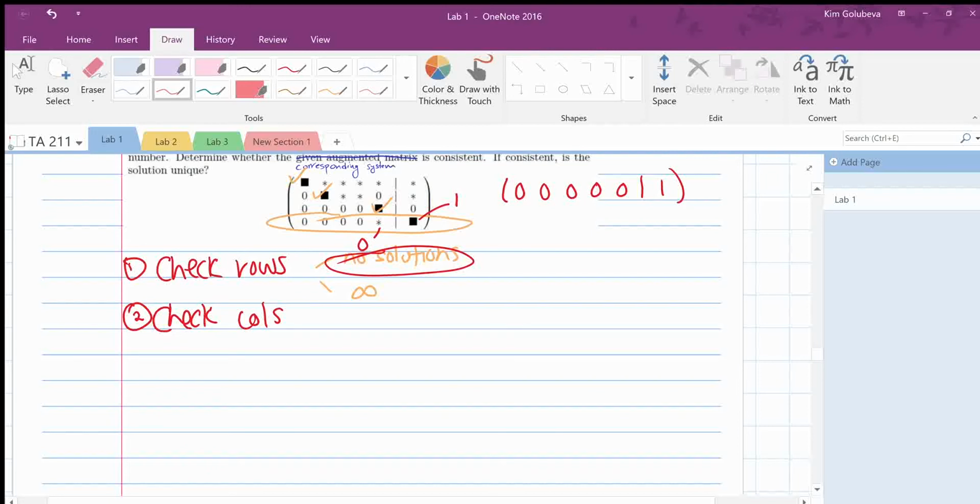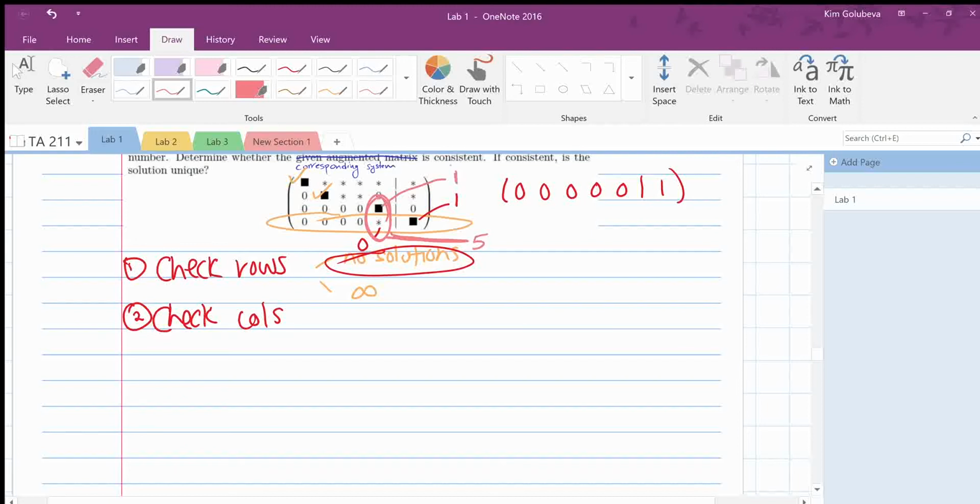So you can see that right above this one, this guy right here is a non-zero number. Let's say this one is 5 and this one is, I don't know, 1.